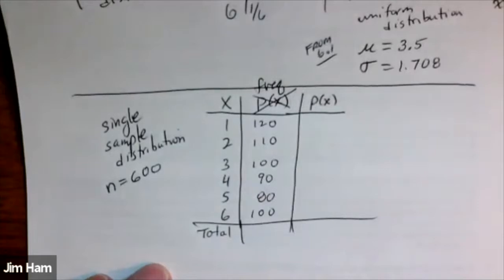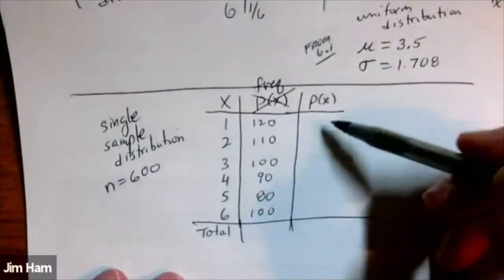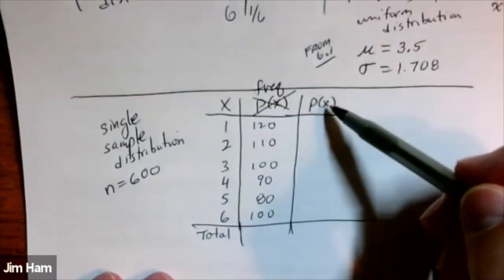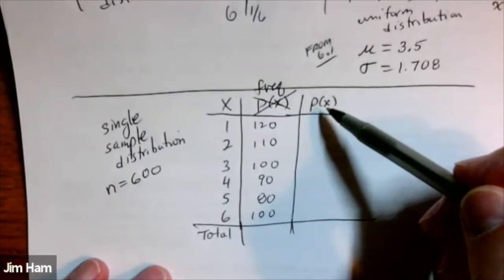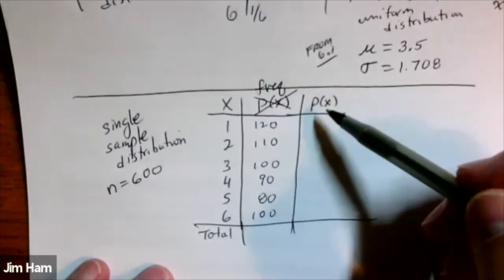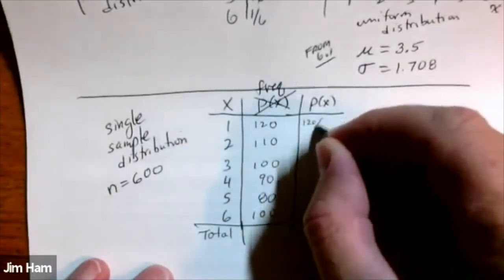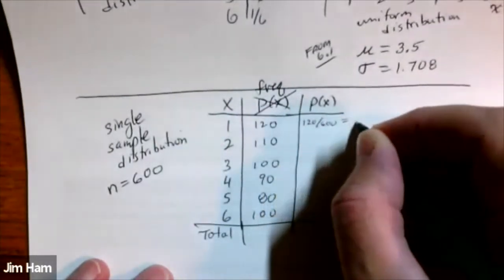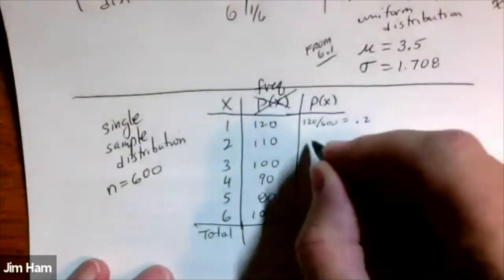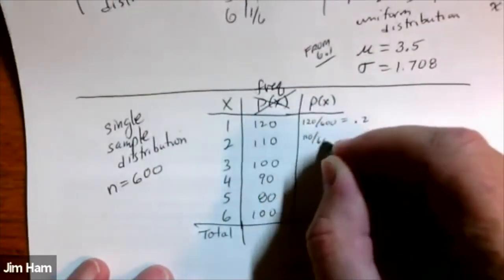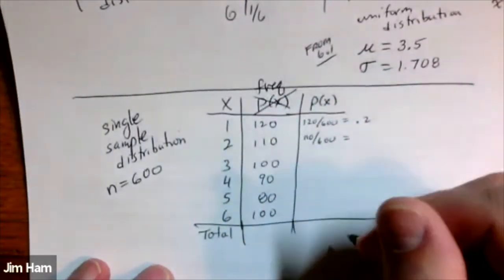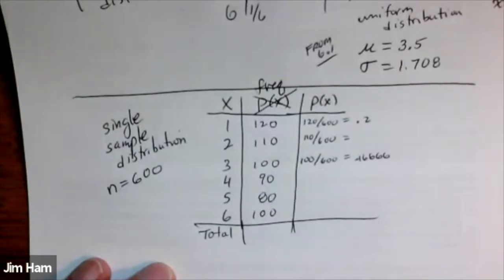Maybe that's what it looks like. Then I could calculate the probability in this setting, but the probability would correspond to a relative frequency. So I just take the 120 and divide by 600, and the 110 divided by 600, and so on. We could write the decimals over there.